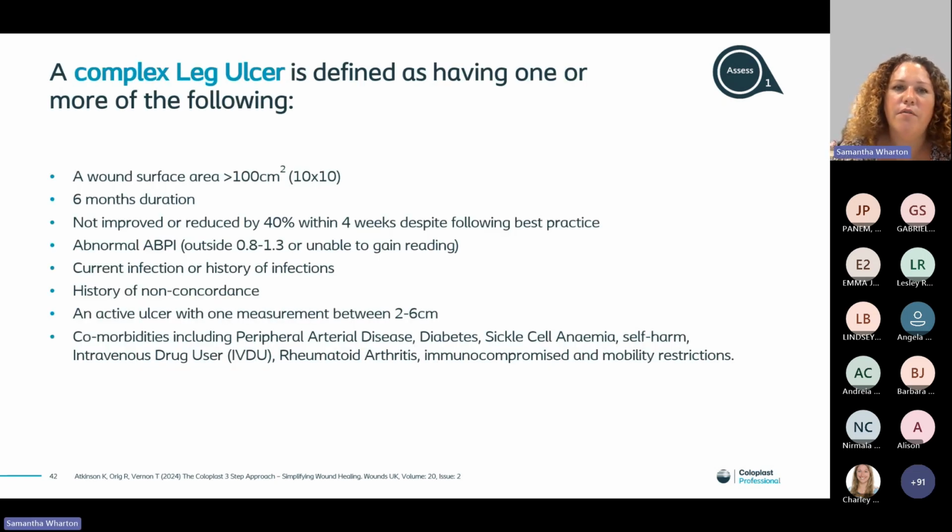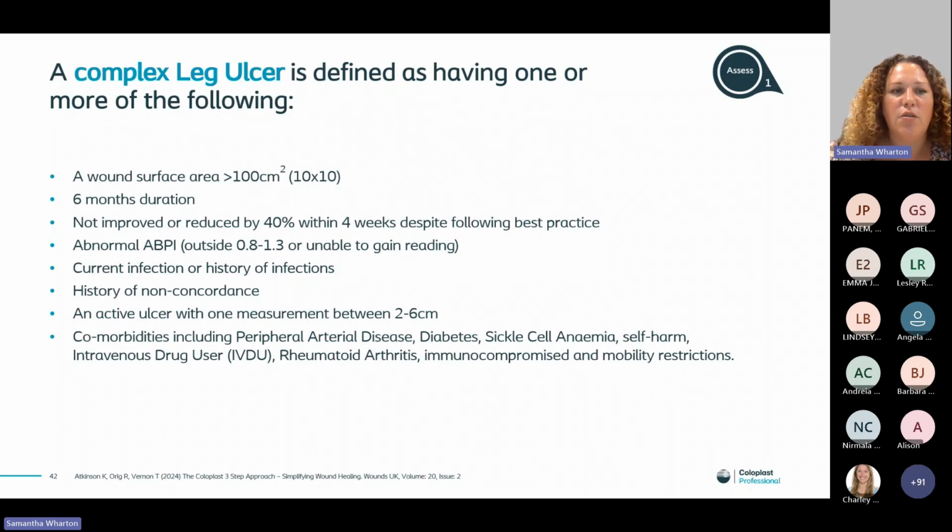To help us define complex leg ulcers, it was if they had one or more of the following. So a wound surface area more than 100 centimeters squared.